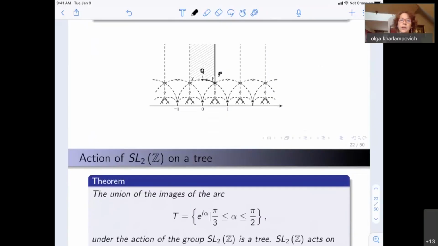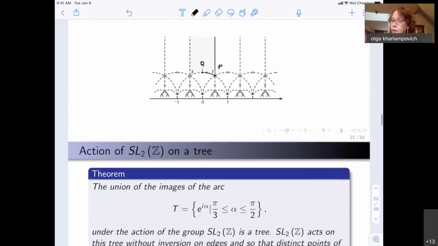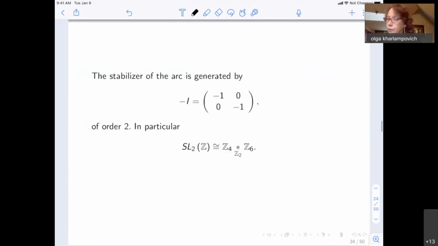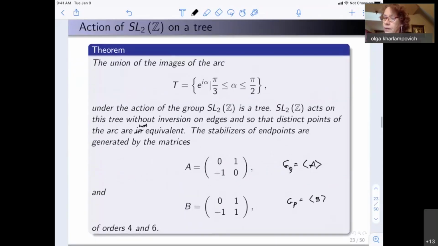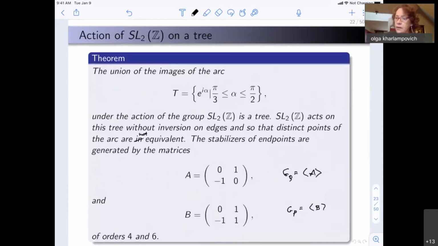One can show that the images of this arc under the action of SL2Z form a tree. You can see we are getting all these arcs, and so on. So it is a tree, and SL2Z acts on this tree without inversion on edges, and distinct points of this arc are not equivalent, so they are in different orbits.